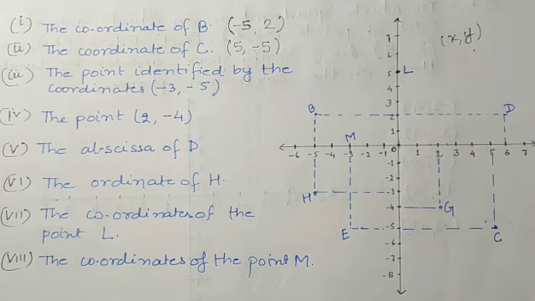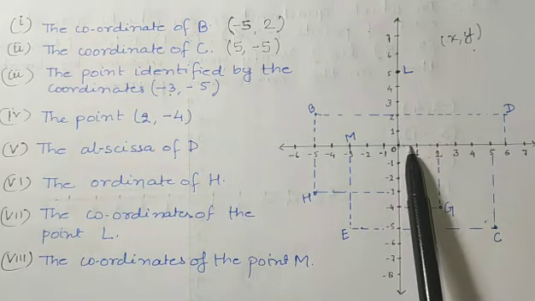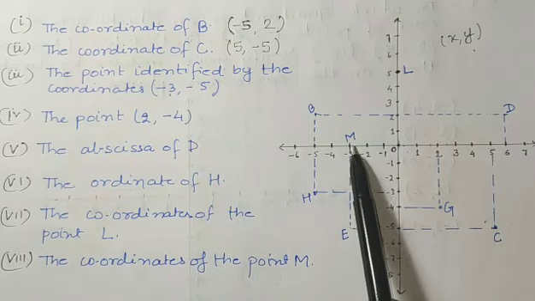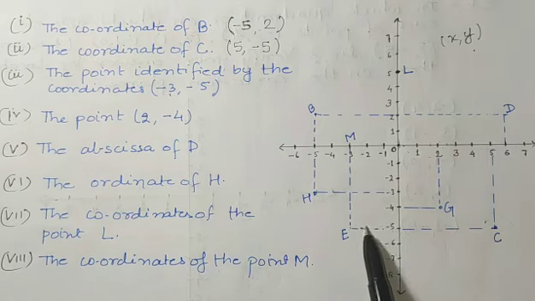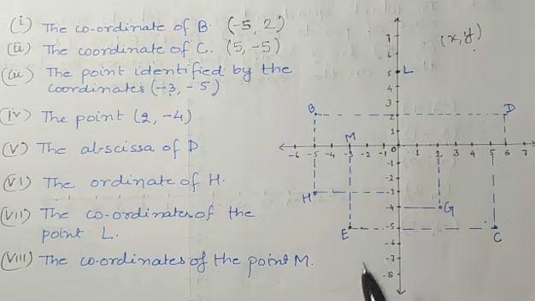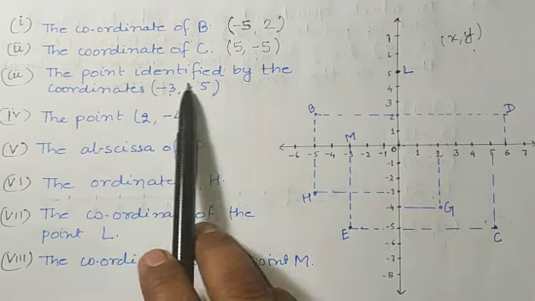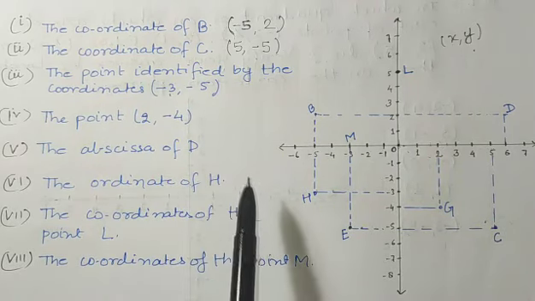Third part is, the point identified by the coordinate (-3, -5). Firstly we have to see where -3 is. Here. And for y it is -5, so -5 is here. In this question we have to write the name of that point, the point identified by (-3, -5).